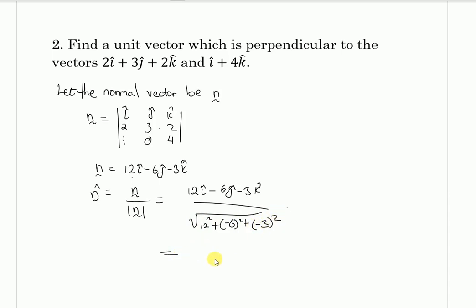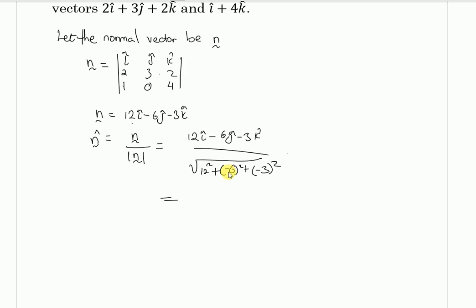The final thing here is 12i minus 6j minus 3k divided by the square root of 189.